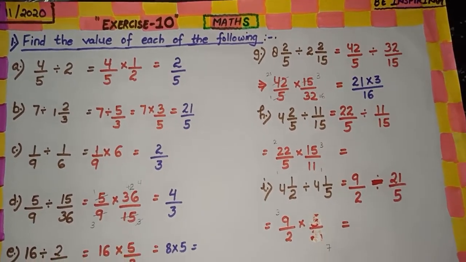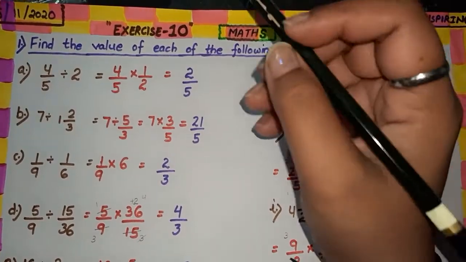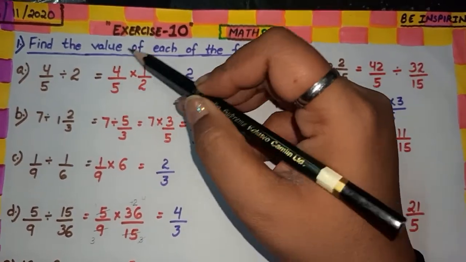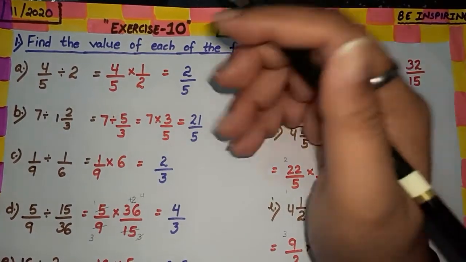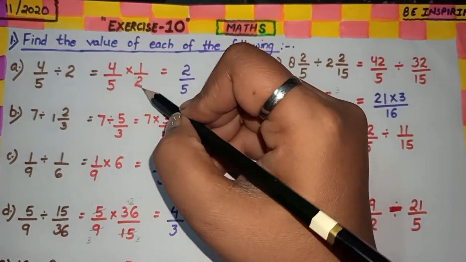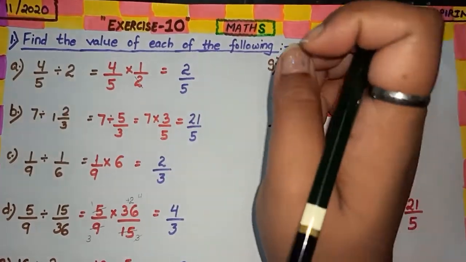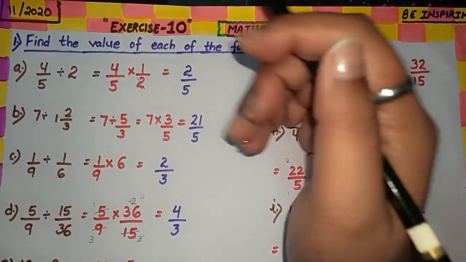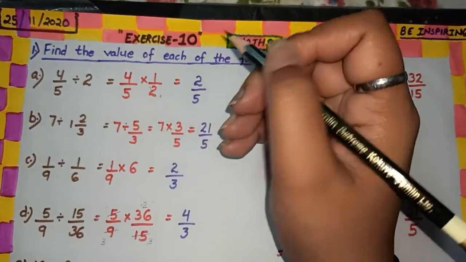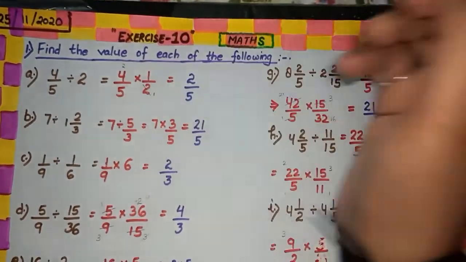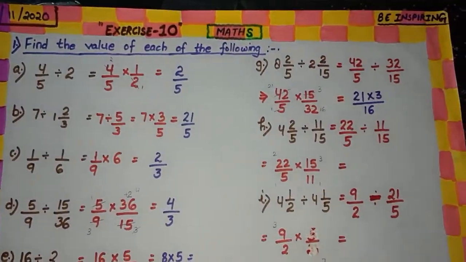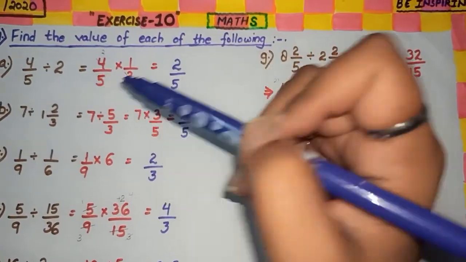Done. Now what we need to do, I hope you all remember how we have done multiplication sums. If a denominator and a numerator are divisible, then we can divide them. 2 ones are 2, 2 twos are 4. So this is how I have divided.